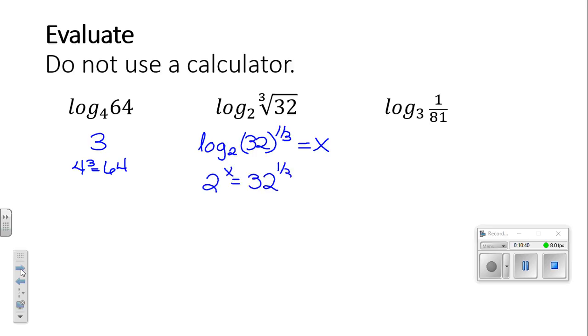Perfect. Okay. And remember from 2 days ago, if we can get our bases the same, then we can get our powers, the exponents, the same. So 32 is 2 to the 5th. So we have 2 to the x and 2 to the 5th to the 1/3 power.